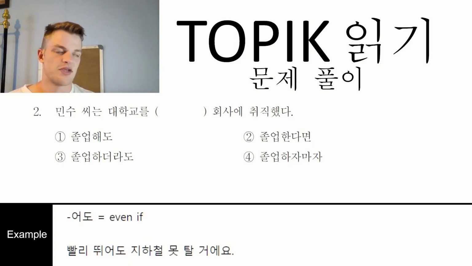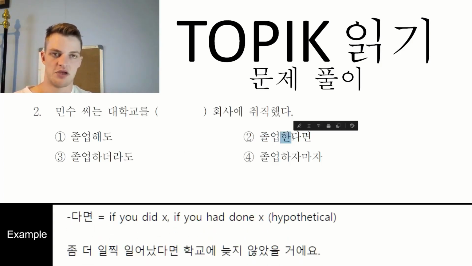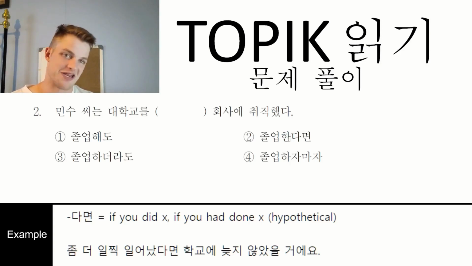Okay, the next incorrect answer is 한다면, or 다면 on the end. Now, this one is conjugated onto the plain form. So 한다면, or sometimes 하다면, or 했다면. If you don't know about the plain form, I'm going to make another video about conjugating the plain form and using reported speech. So stay tuned for that.